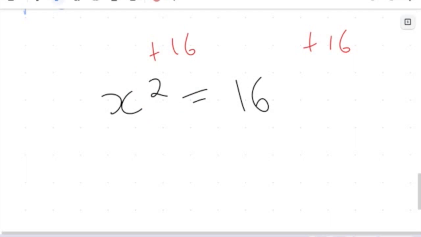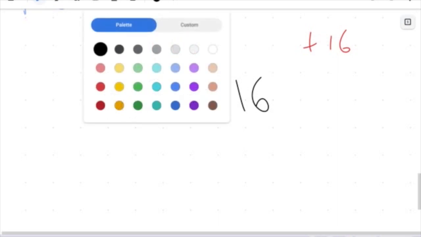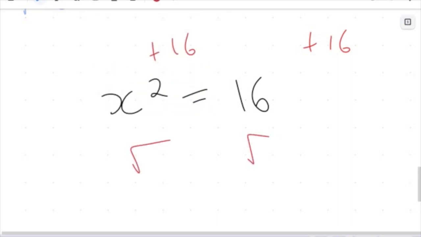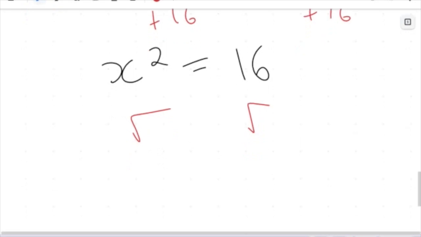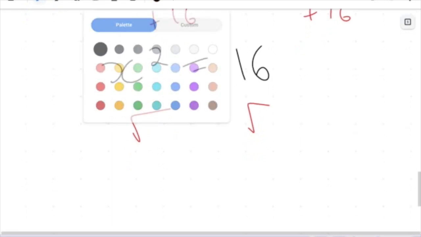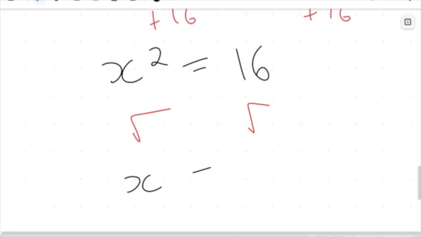That's the essence of what we want to get back to when we solve these equations. So I'm going to take the square root of both sides here. What do I get left with on the left? Well, I get x, and I'm actually going to get two solutions on the right hand side. I'm going to either get positive 4 or negative 4. So I'm going to write this as plus or minus 4.